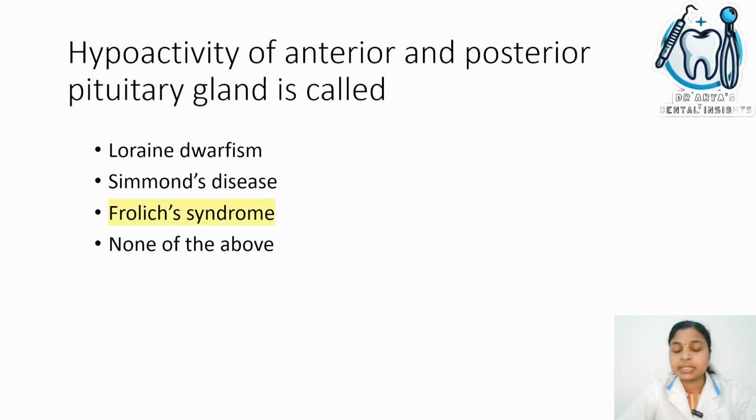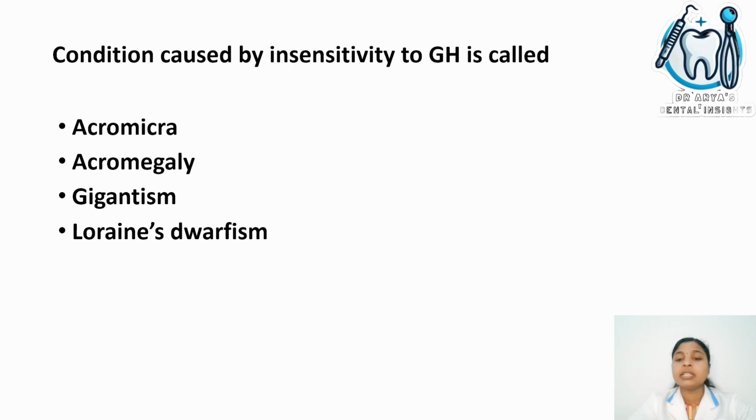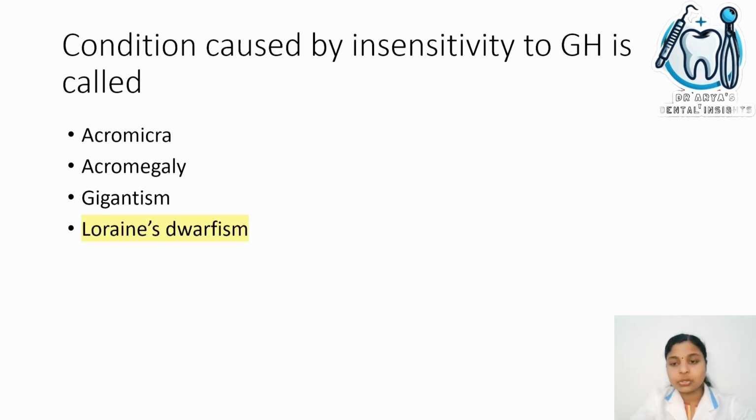Hypoactivity of both anterior and posterior pituitary gland is called Froelich syndrome. Okay, it's clear? Okay. Next one is the condition caused by insensitivity to growth hormone: acromegaly, acromicra, gigantism, and Lorraine dwarfism. So the correct answer is Lorraine dwarfism. Explanations are already given.